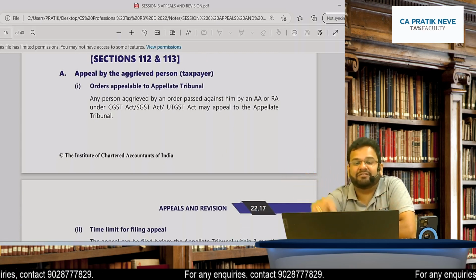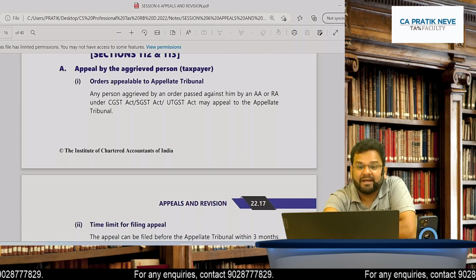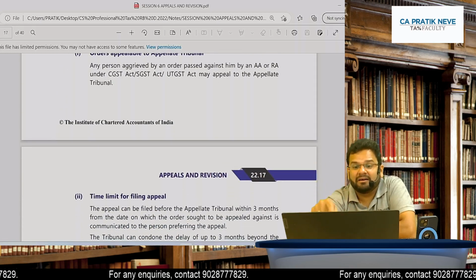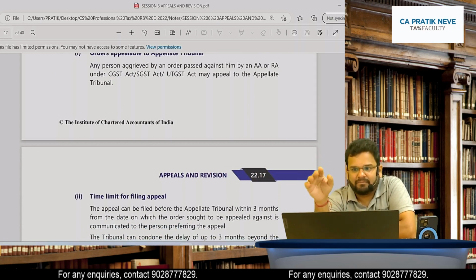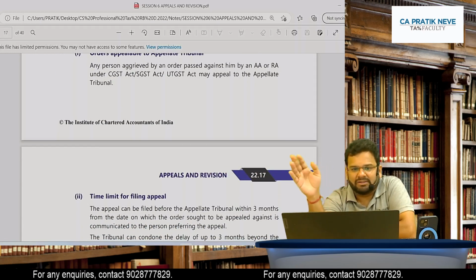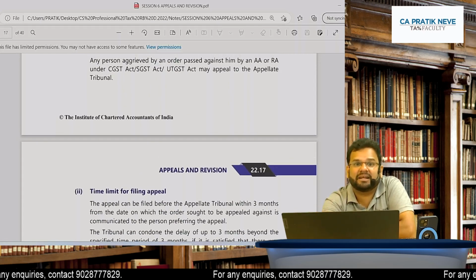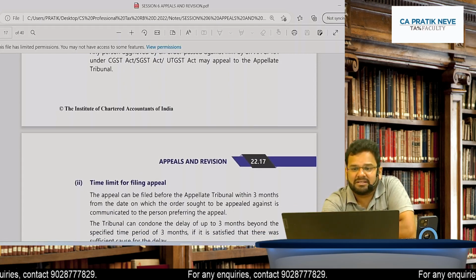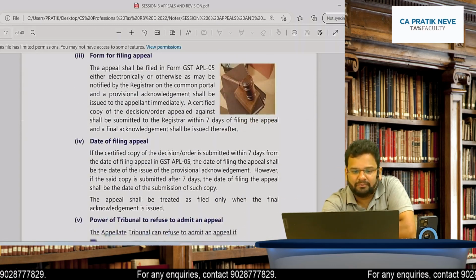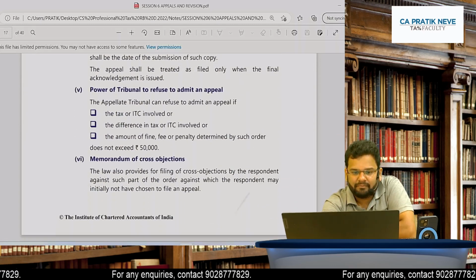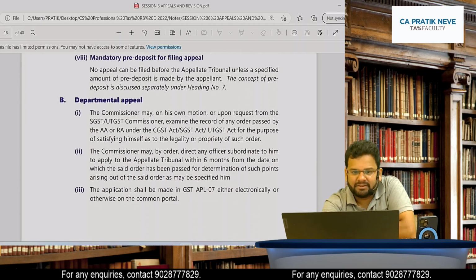Appeal by an aggrieved person in case of appeal to the appellate tribunal: any person aggrieved by an order passed against him by the AA or RA, that is the revisional authority, under CGST or SGST may appeal to the appellate tribunal. See this.